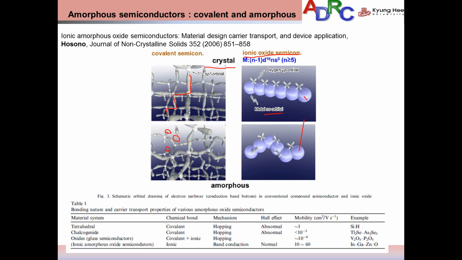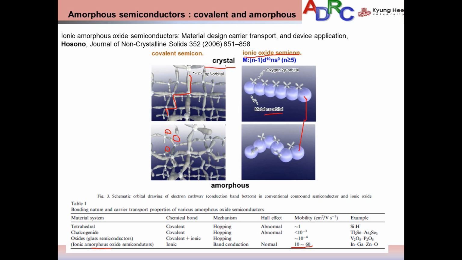Therefore, the mobility is slightly different, but not so much. For example, in the case of the crystal, for the oxide semiconductors, the mobility can be as high as 100, but in the case of amorphous, it can be 10 to 60.